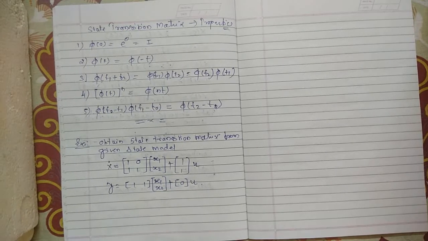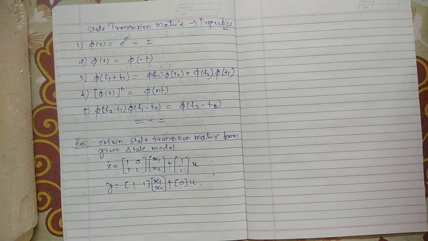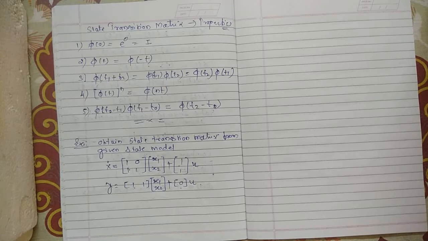So all the matrices A, B, C and D are given, and we have to find the state transition matrix.